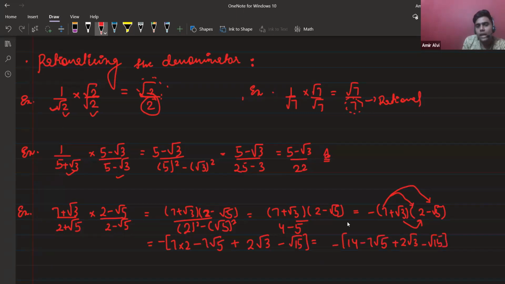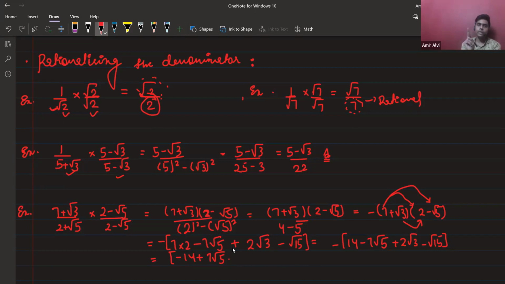The minus sign is there. Put that minus sign inside the bracket. What you will find? This positive will become negative. Yes or no, Simrat? So minus 14, plus 7 root 5, minus 2 root 3, plus root 15.